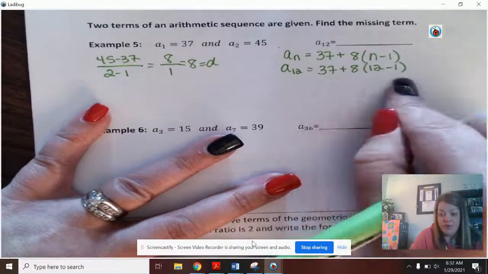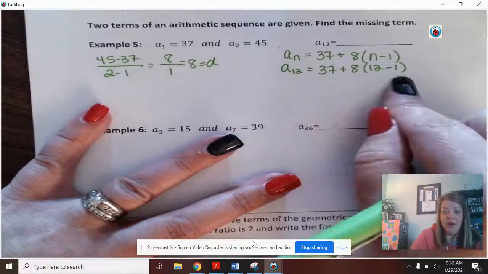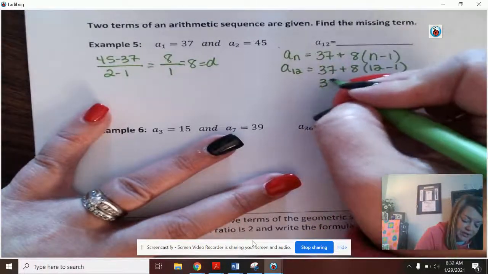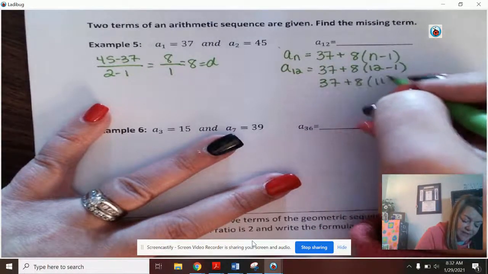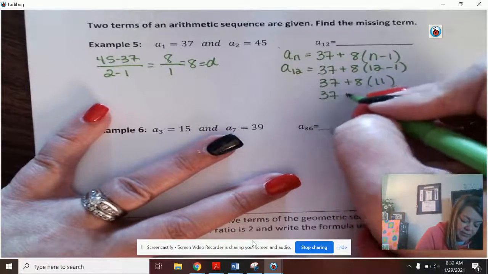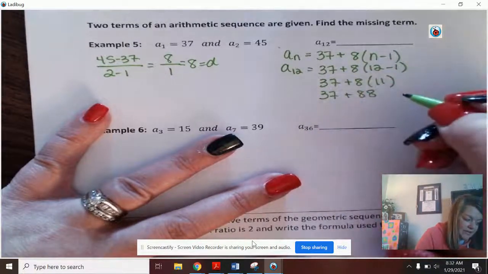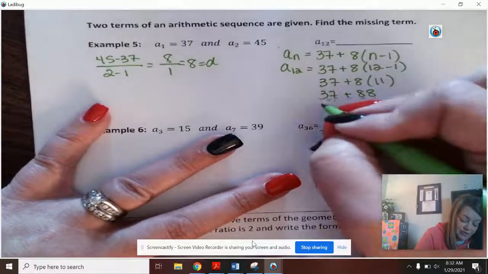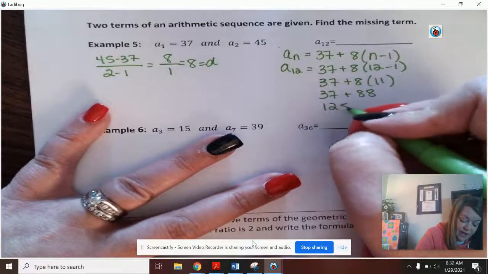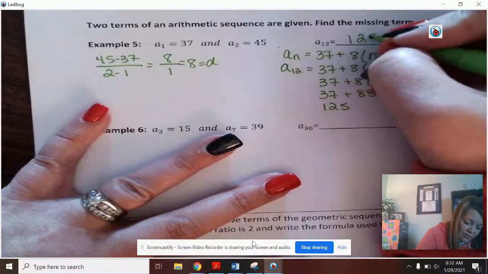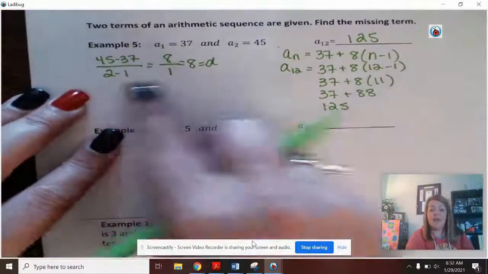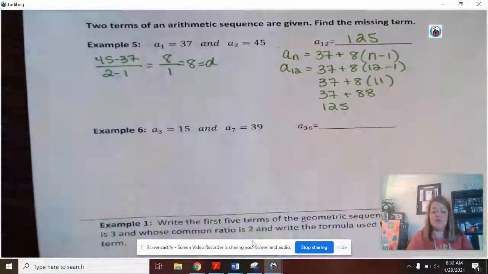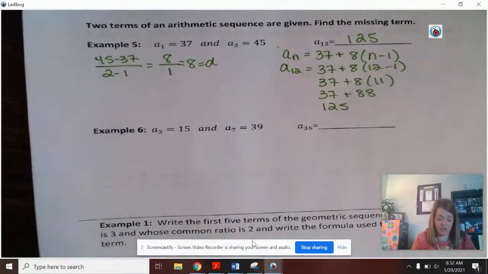There are all numbers over here, so I can just plug it in my calculator. So 37 plus 8 times 11, 37 plus 88. 37 plus 88 is 125. So a sub 12 is 125. Okay, that would have been a lot to write out and go all the way to 12 times. It's much easier just to use the formula.